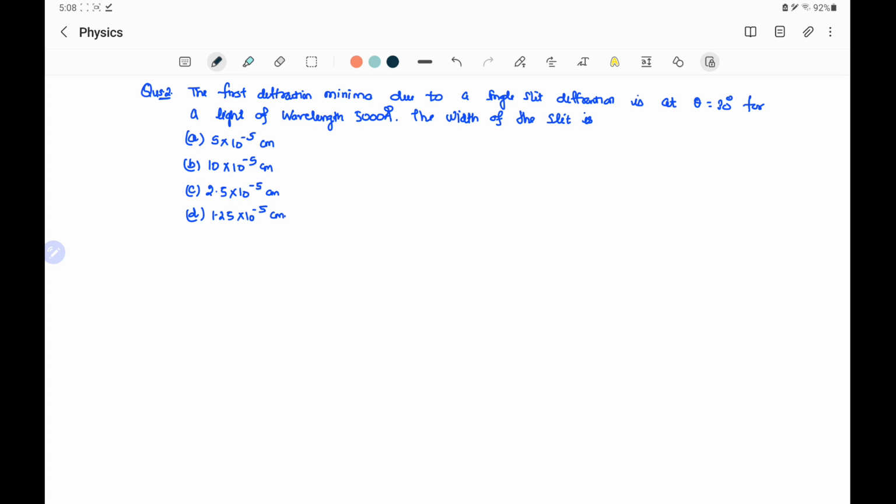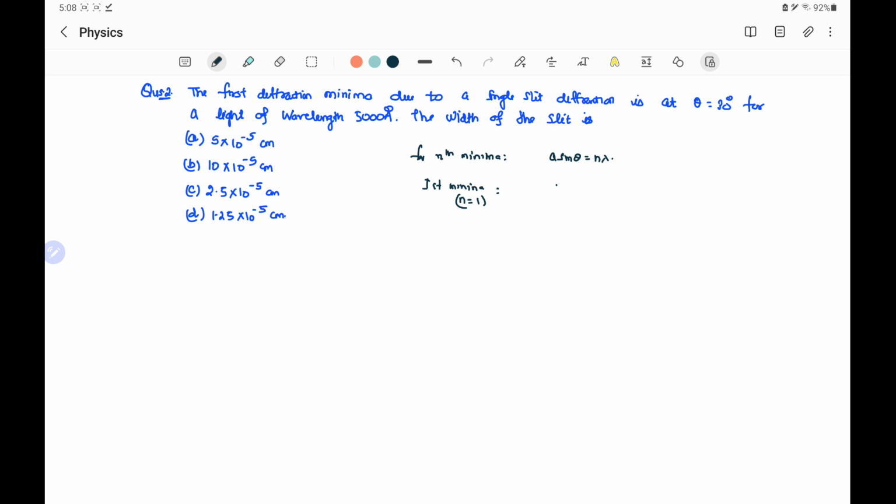Second question is: the first minima due to a single slit diffraction is at theta equal to 30 degree for a light of wavelength 5000 angstrom. The width of the slit is. For nth minima in the diffraction pattern, the relation is a sine theta equal to n lambda, and for the first minima we use n equal to 1.